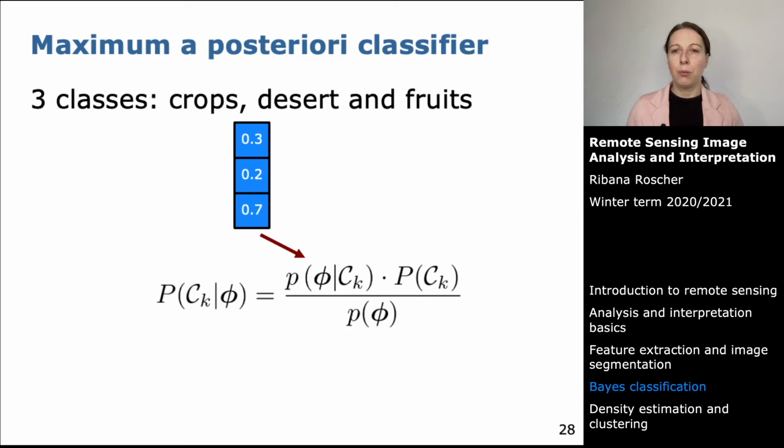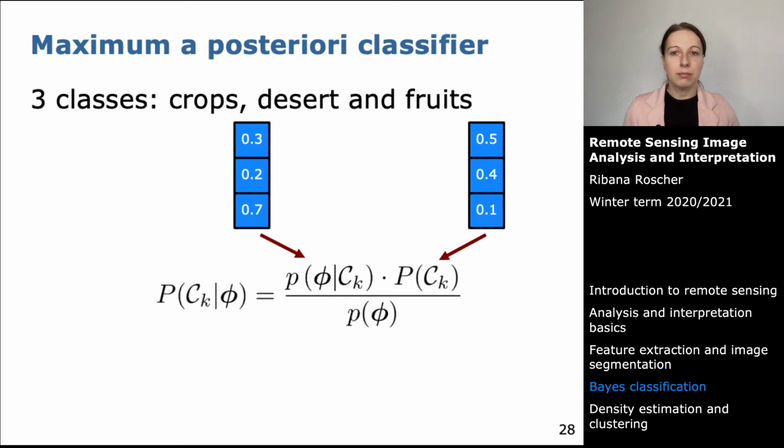And here it's 0.3, 0.2, and 0.7. And then you have some prior knowledge, and this prior knowledge is how likely a specific class will occur. Here you use your knowledge, and you say, okay, for crops, for the arable land it is 0.5, for desert it is 0.4, and for fruits it's 0.1, because you know it's not so probable that fruits will occur in the desert.